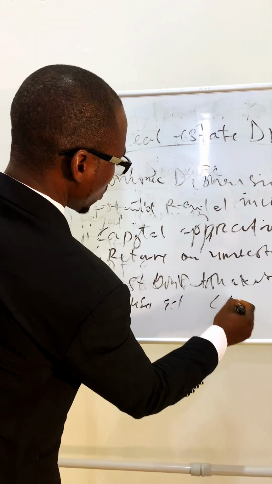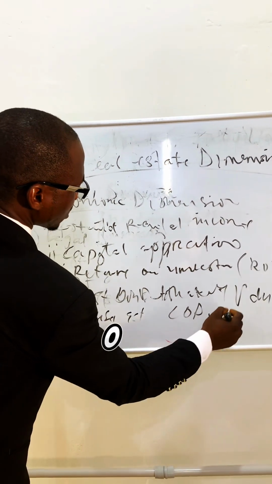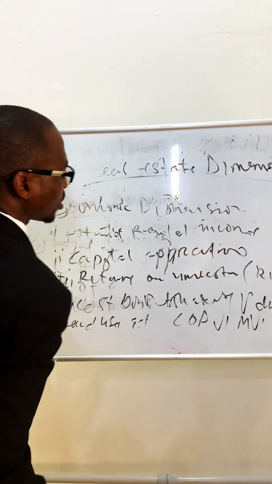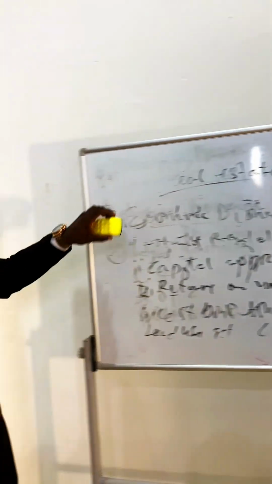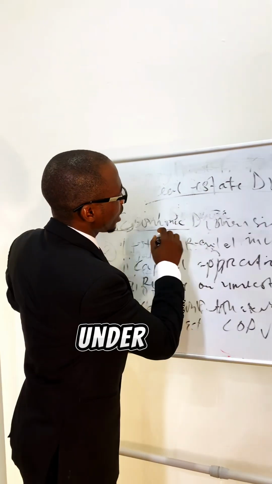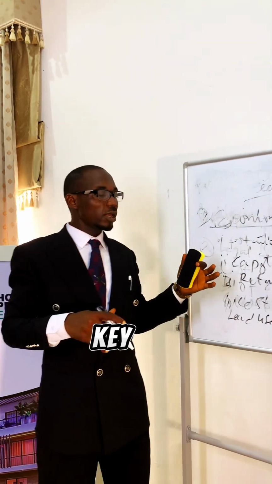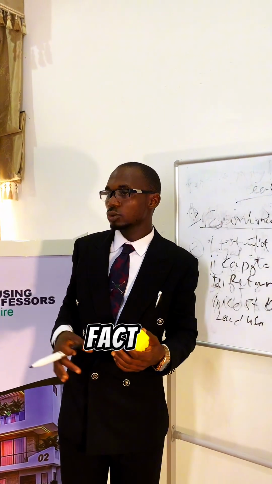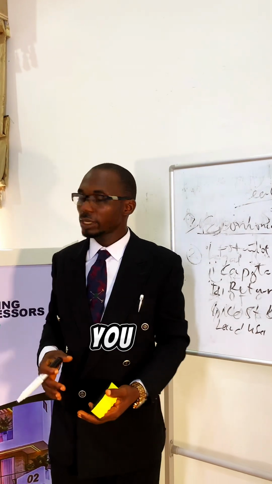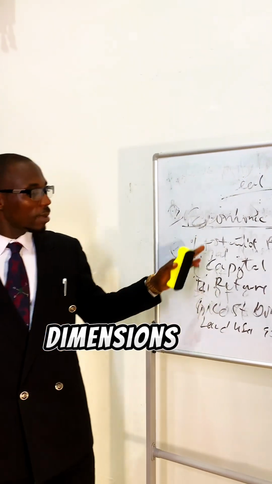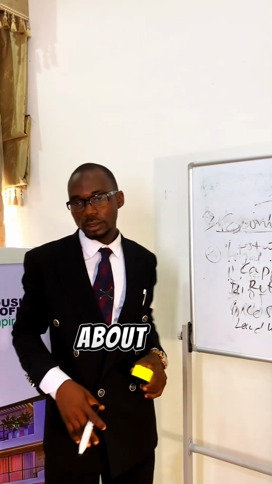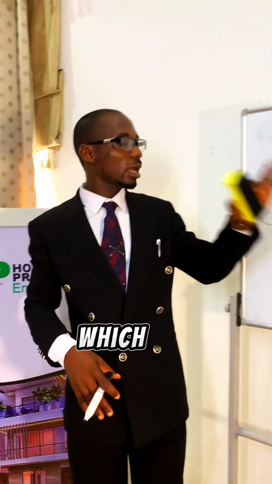That is COD versus MV. So under this economic dimension, these are the four major key things investors should look out for when you talk about real estate dimensions. So that's all about the third one, which is economic dimension.